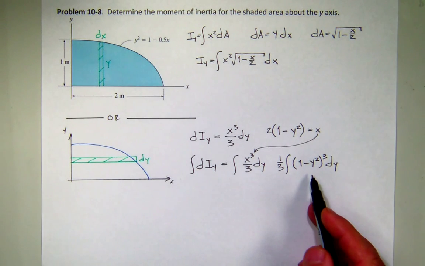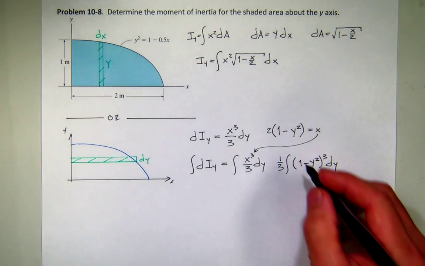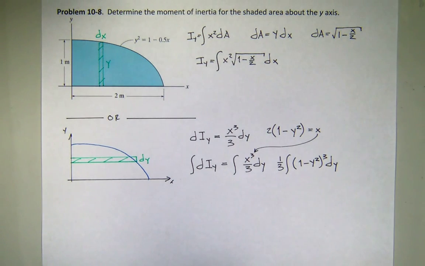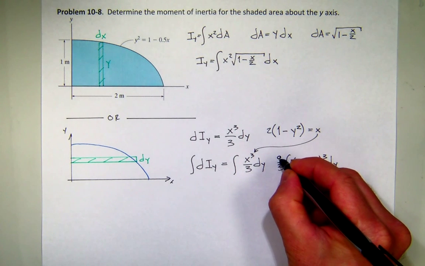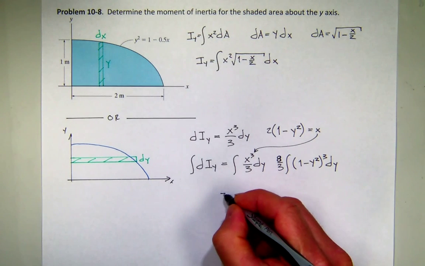Now, I don't like that much better. That's a lot of work to do, but I think I can do this. Oh, I lost my 2, sorry. You just pull it out. My 2 cubed would be 8. So let's see if I can do this.